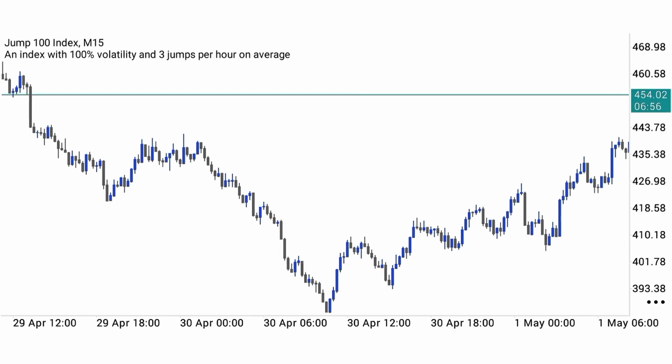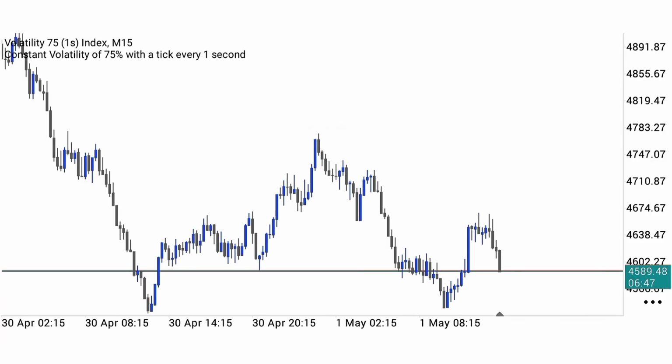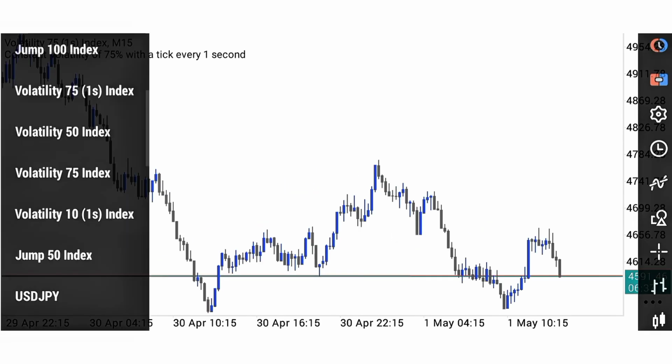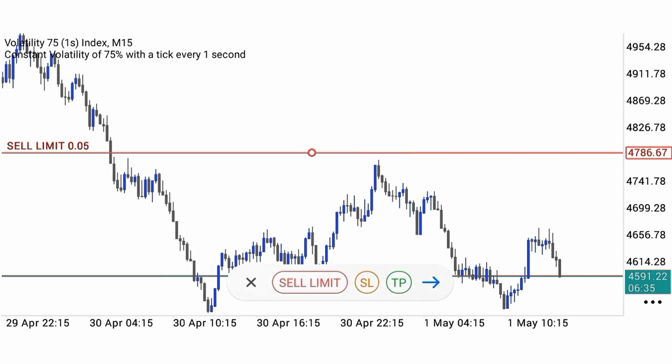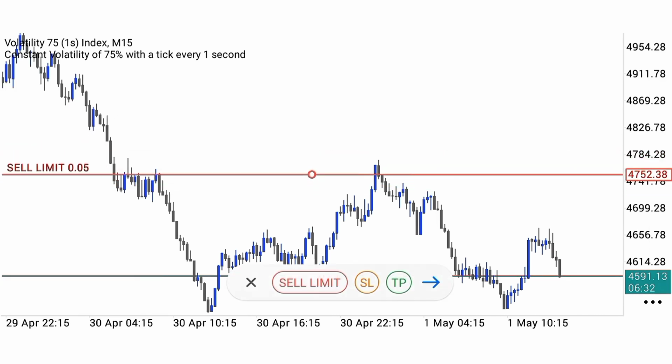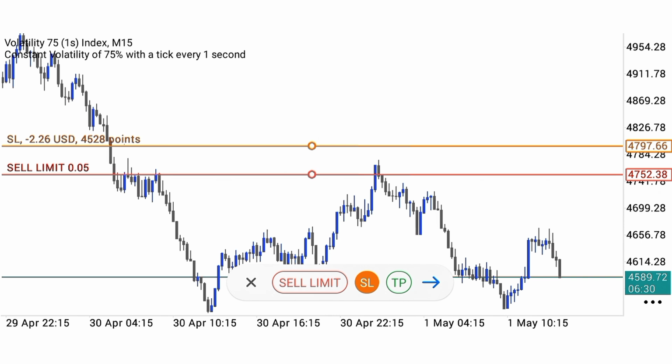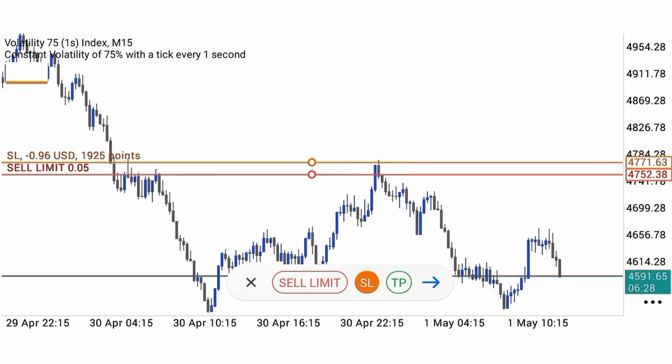Now, the third one is Volatility 75 (1s). Although Jump 100 and Jump 75 are less risky, with this one, if you use the smallest lot size, which is 0.05, look at the space in between.